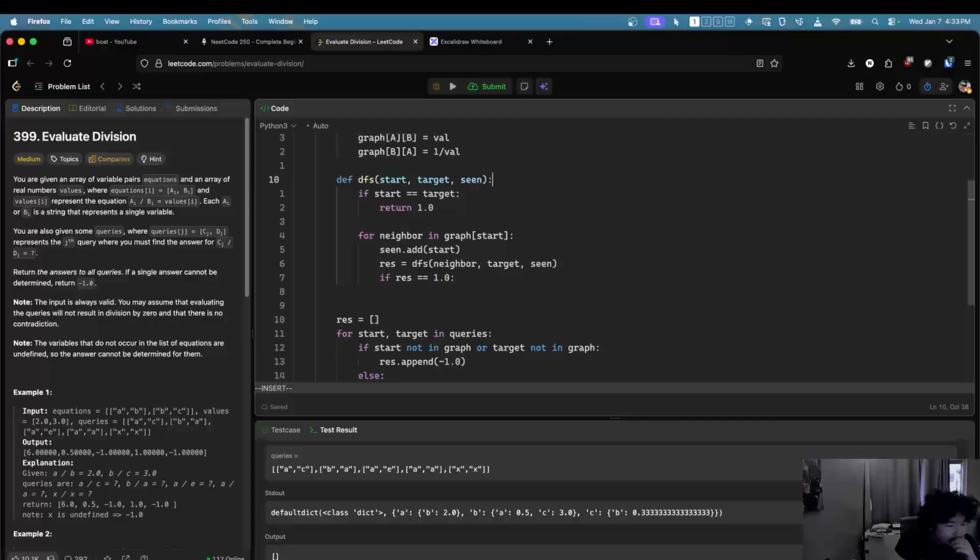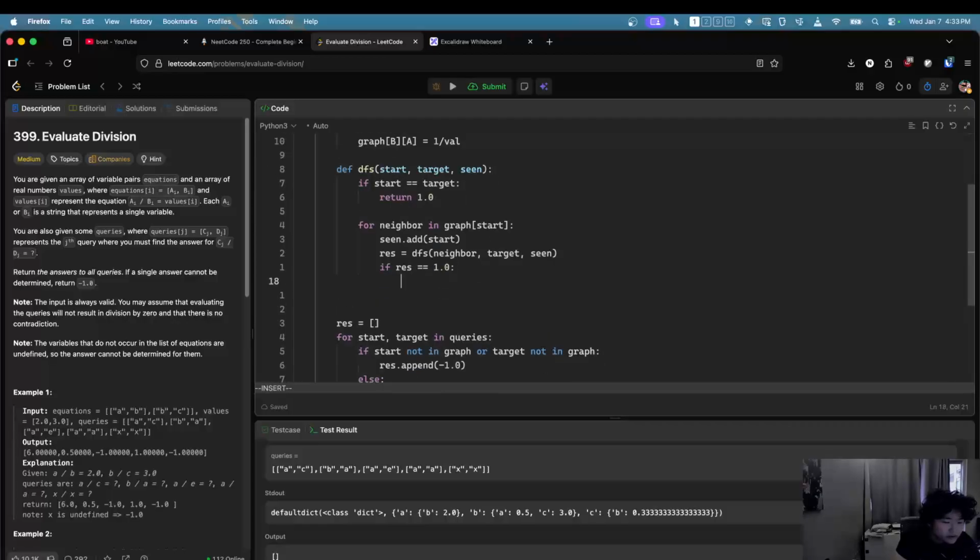No. Basically, if and only if that, then we return the res times the graph of start and neighbor, because we found the base case. It's the accumulation of 1 times this times that. And then if we can't find anything, we just return -1.